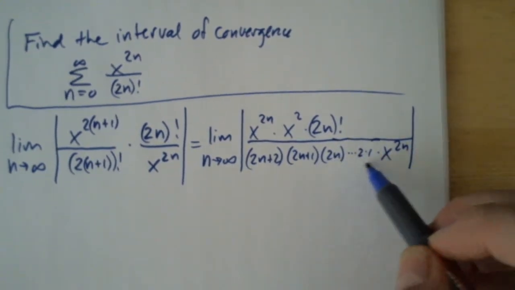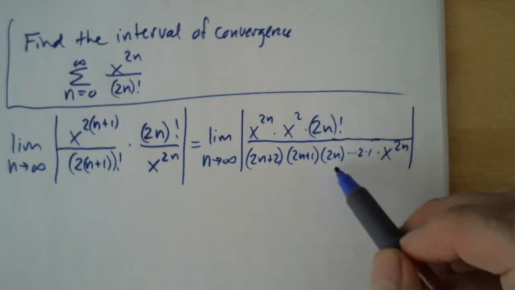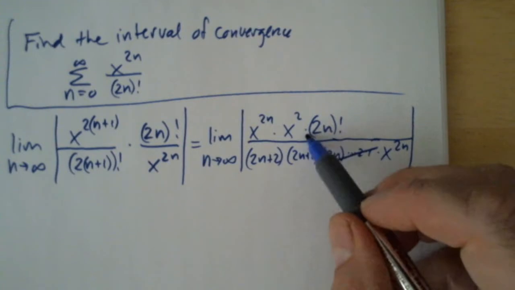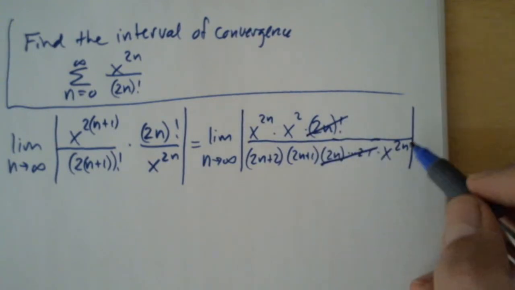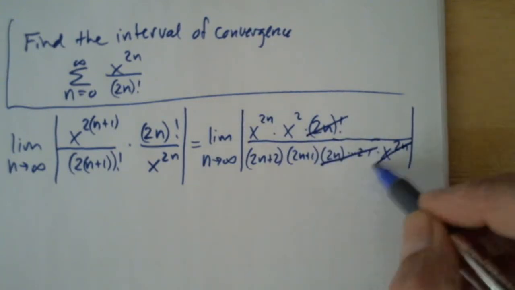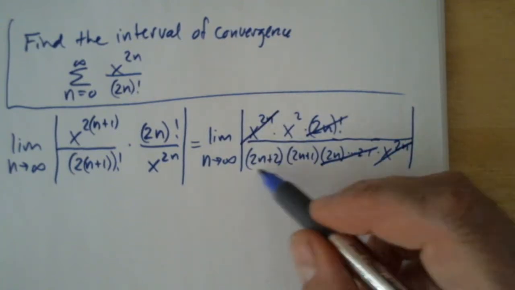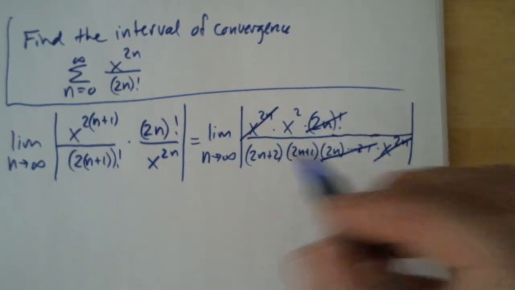So 2n down to 1 is 2n factorial, and this will cancel. We also have x to the 2n, x to the 2n, and we're left with n in the denominator.